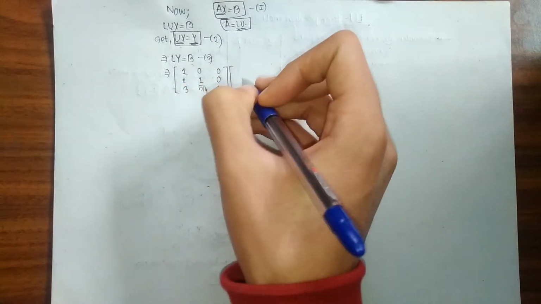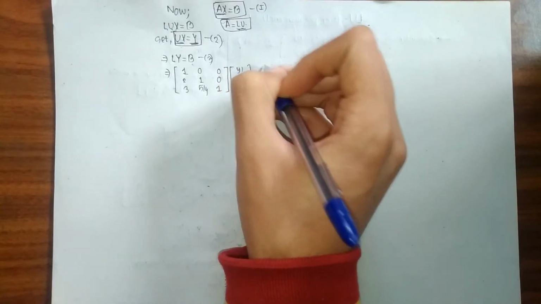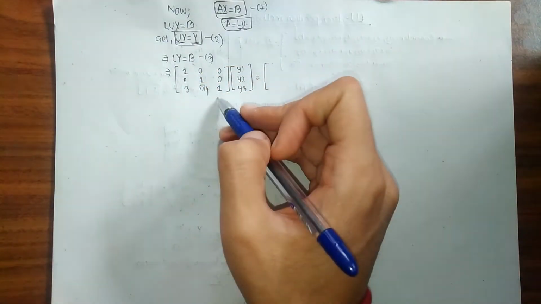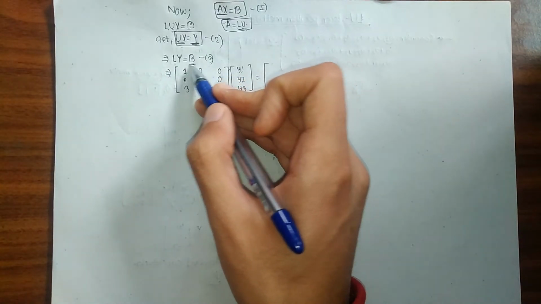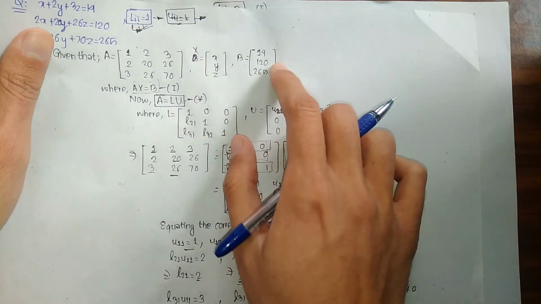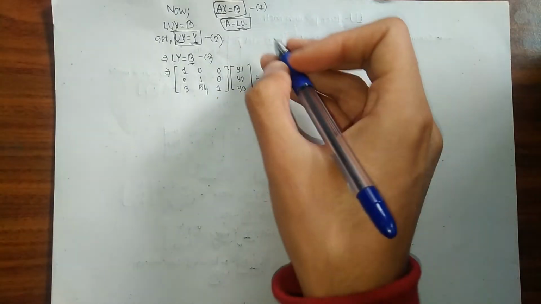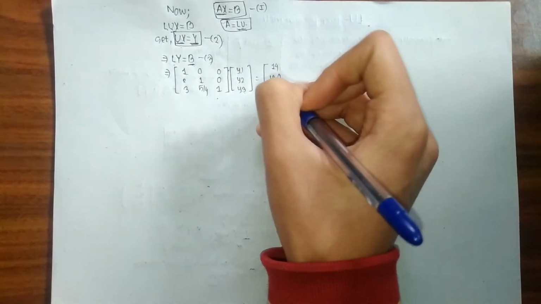Now my y is nothing more than y1 y2 y3, and my value of b, as I have already said before, is 14 120 265. So I'm going to simply put that, nothing new: 14 120 265.